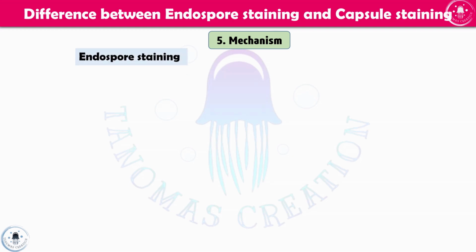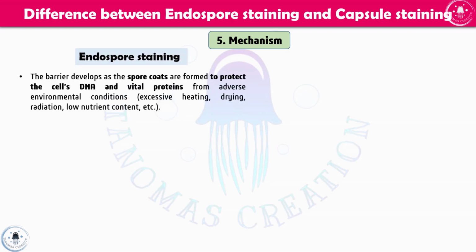Okay, so first in the endospore, as we have learned, the permeability barrier which we have seen in this endospore develops as the spore coats. Why do they develop? Basically in order to protect the cell's DNA and vital proteins from adverse environmental conditions.